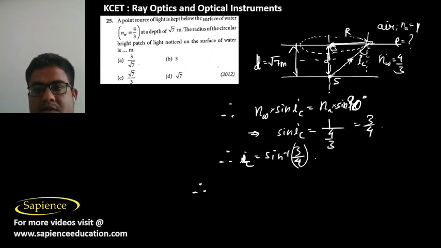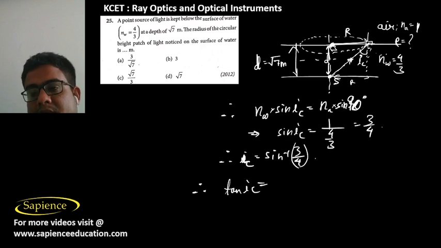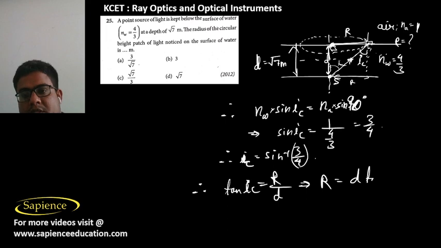Therefore by using this right angle triangle we can see that this is d, this is R. So from here you can say that tan IC is R by d. So R equals d into tan IC.